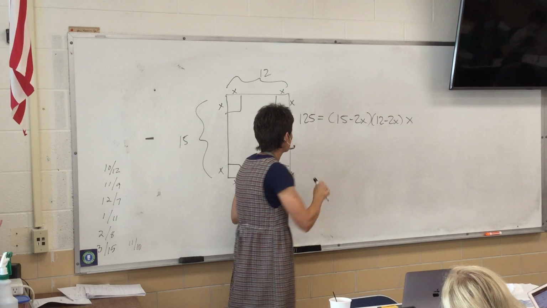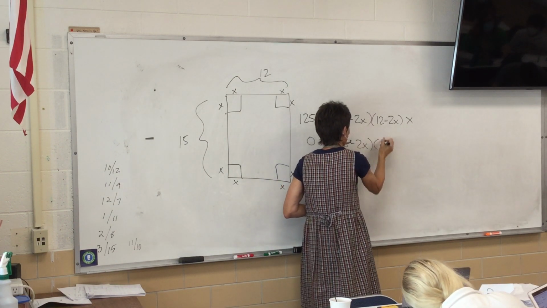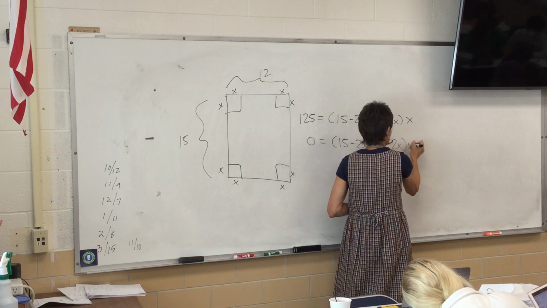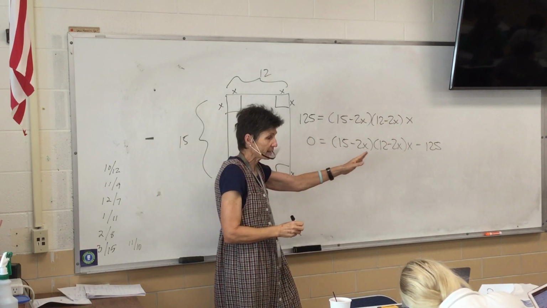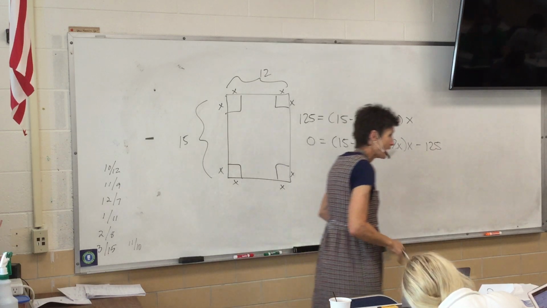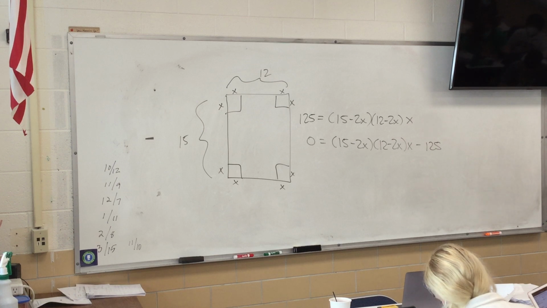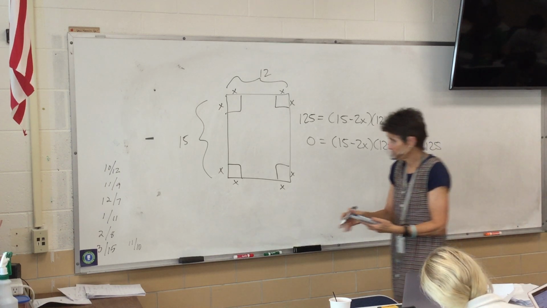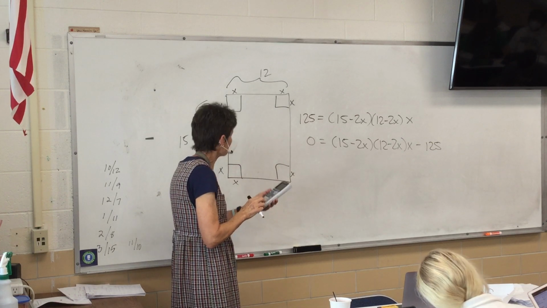Zero. All right, and then my equation is going to look like this. The equation I'm putting into my calculator is going to look like this. Type it in exactly like that. Do not waste time multiplying it out, because you're likely to make a mistake anyway. We just want to type that in.